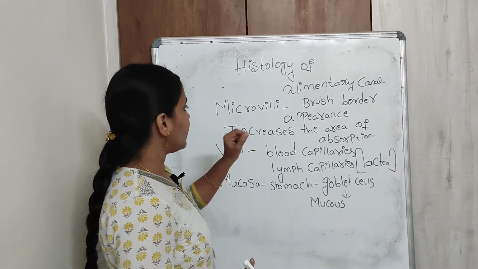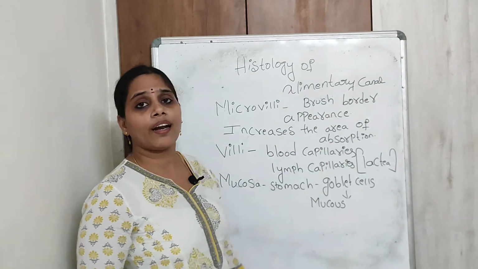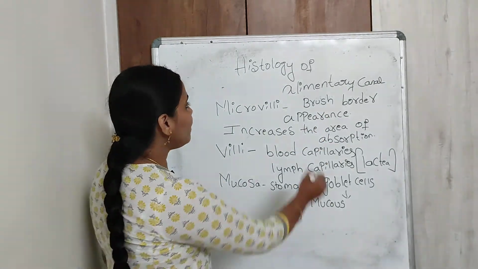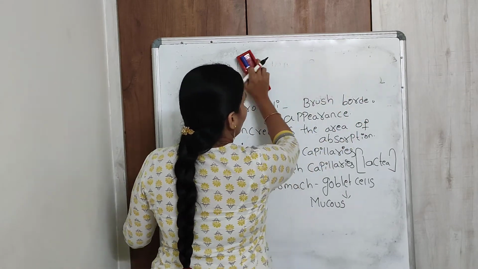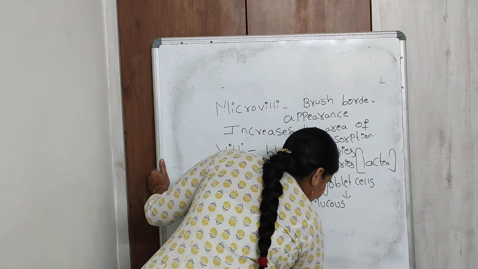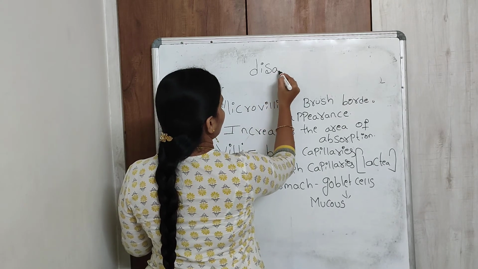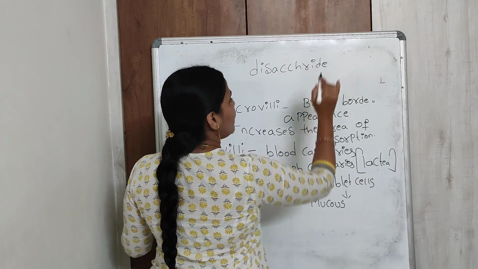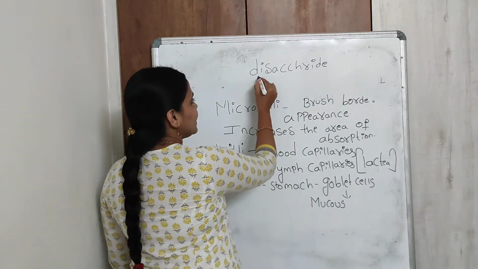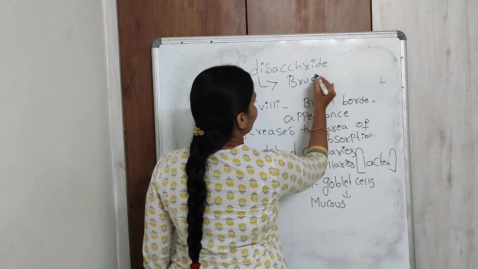And I said that the microvilli give the brush border appearance, right? They will secrete an enzyme, children, known as disaccharidase. It is one type of carbohydrate-digesting enzyme, and this enzyme we call brush border enzyme.